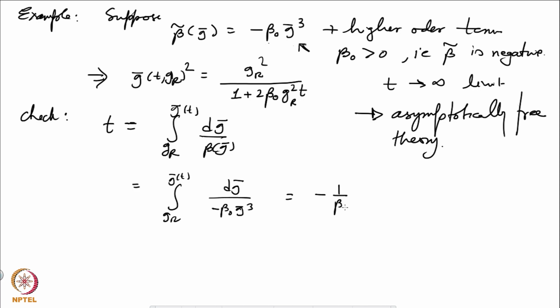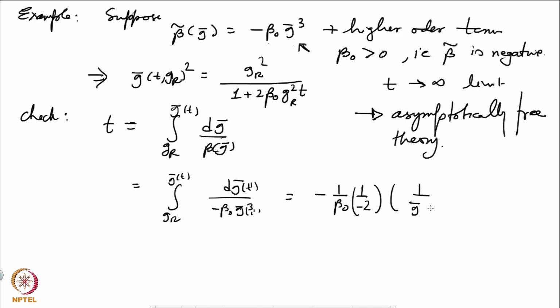Integrating this gives you minus 1 over beta naught, that's this factor, and g bar to the power minus 2. So let me write it below, and then you also divide by minus 2, 1 over g bar squared. So here this is with t prime.